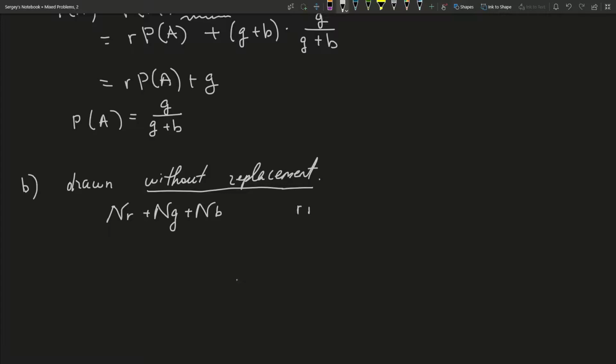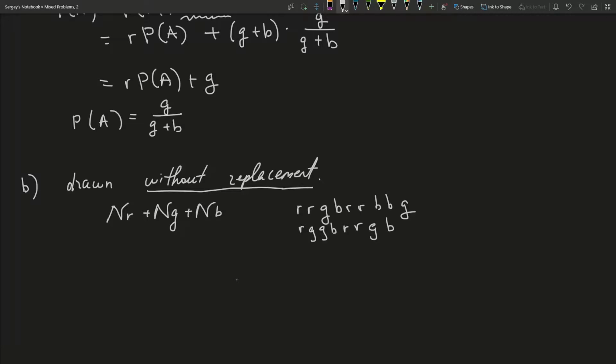So we could have red, red, green, blue, red, red, blue, blue, green, etc. Or we could have red, green, green, blue, red, red, green, blue. Now in this problem we only care about whether the first ball that was green or blue was green.